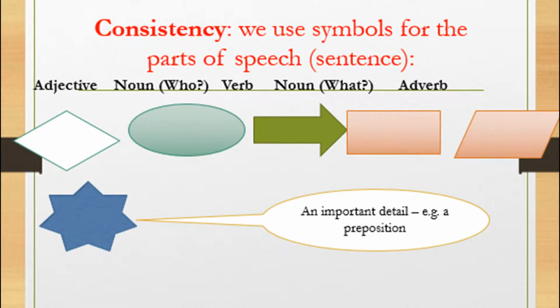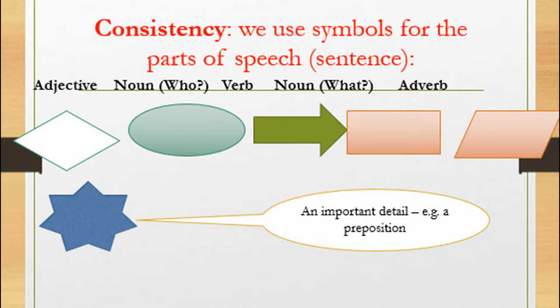So let's start with consistency. First of all, we keep using the same symbols for all parts of speech during almost the whole course of teaching and learning. You see here on the scheme that the adjective is symbolized by a diamond or a rhombus. The noun answering the question who is usually an oval.